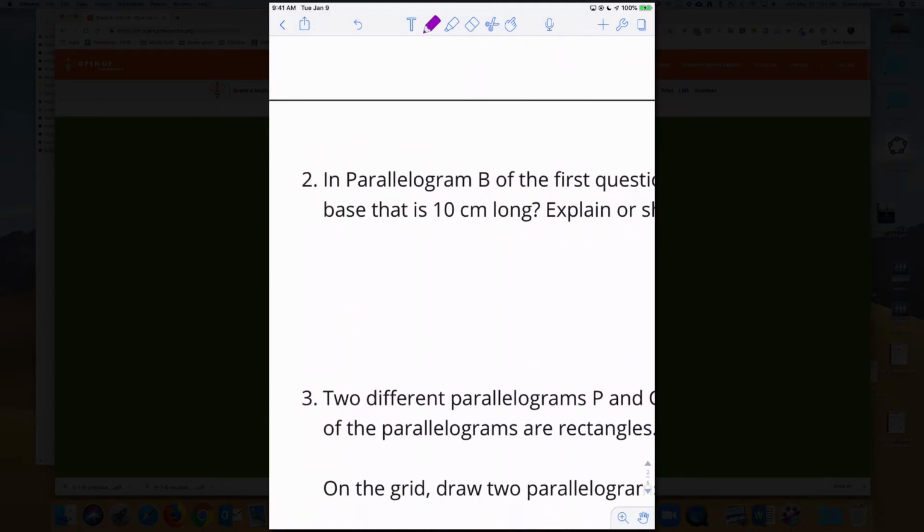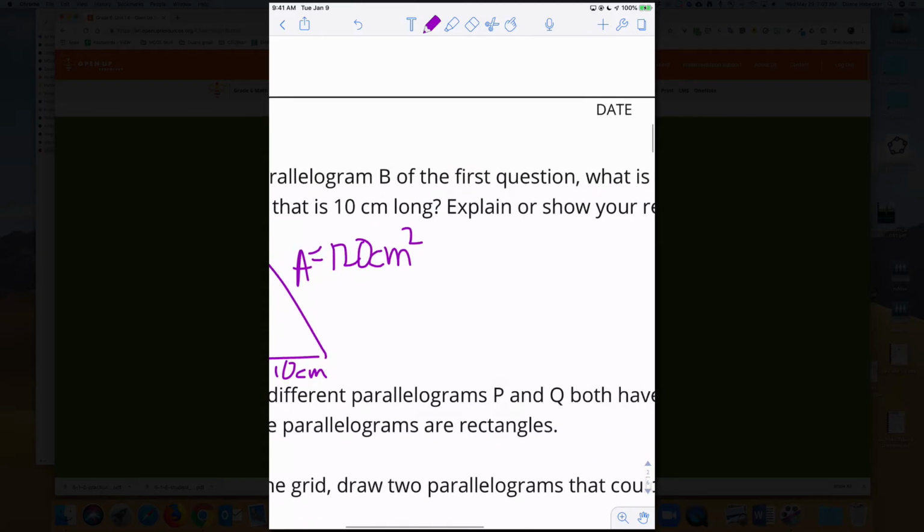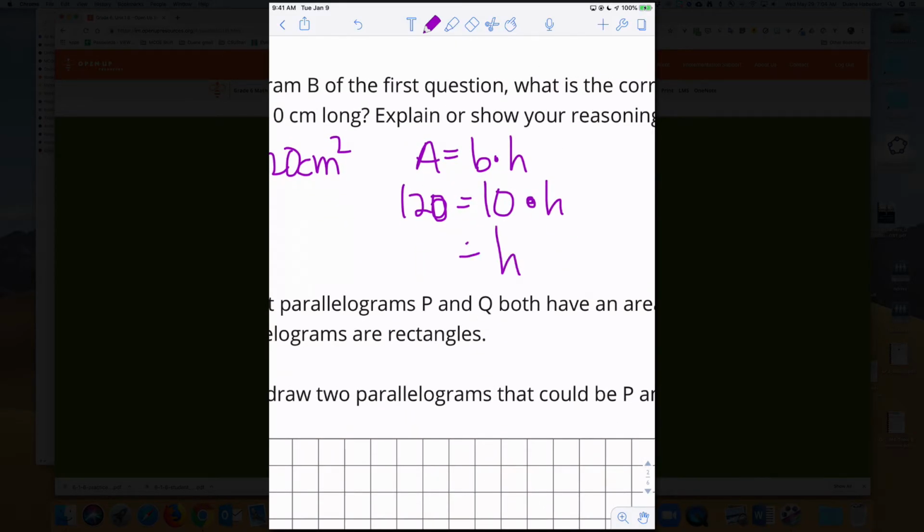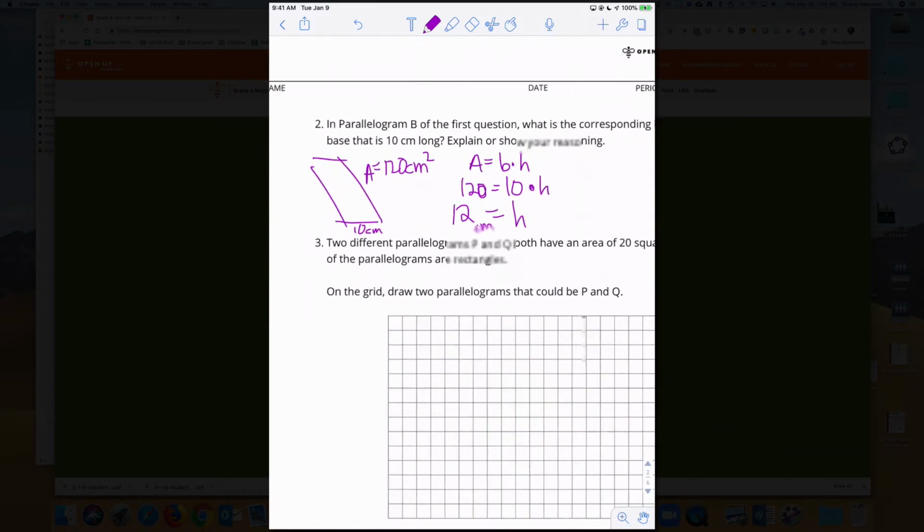I'll draw it right here: we know that the area is 120 centimeters squared, and this base down here is 10 centimeters. So area is equal to base times height. We know the area is 120, we know the base is 10, but we don't know the height. Using a little bit of division, we could see that the height must be 12 centimeters. Wow, that was kind of sneaky.